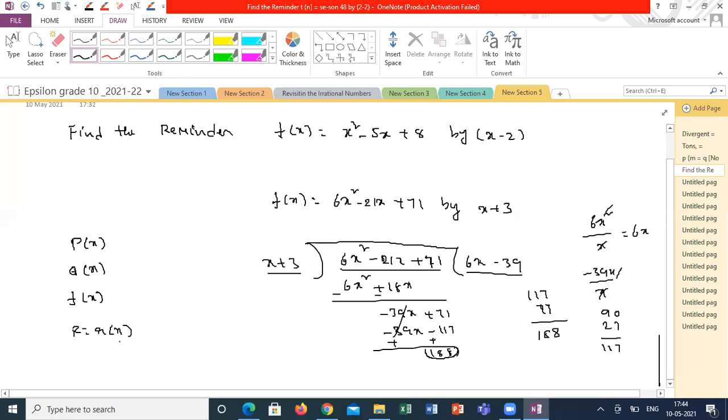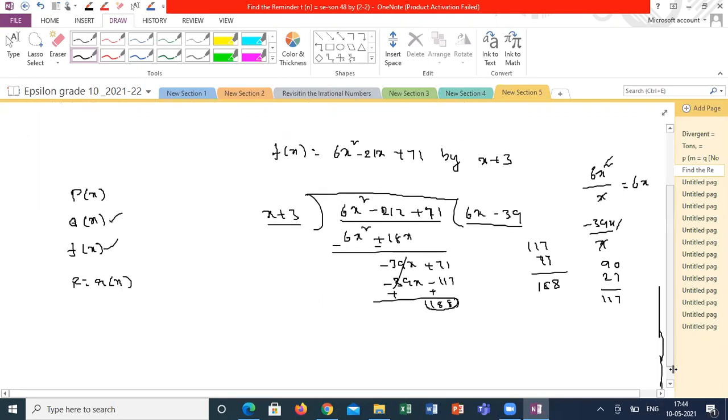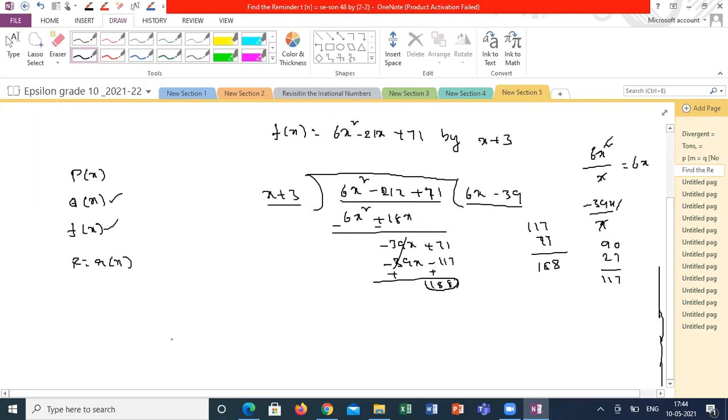Sometimes it might be an expression also, we can't say. But the degrees of q of x and f of x are always less than p of x. The division algorithm we use for numbers, in the same way p of x can be written as q of x into f of x plus r of x.